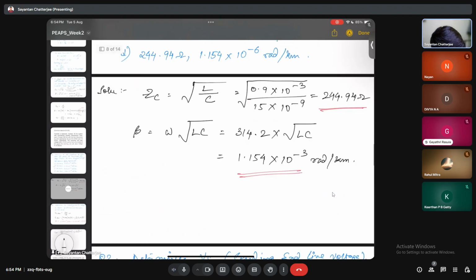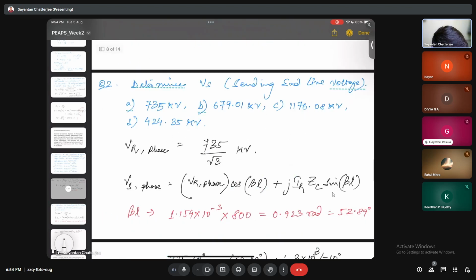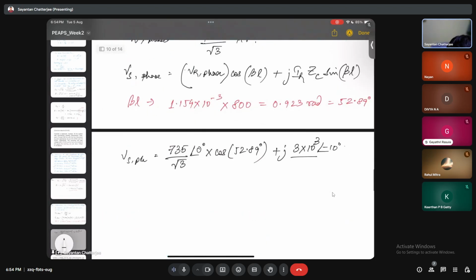So ZC we have got 244.94. ZC is 244.94. Okay, so 244.94, and sin beta L, so sin 52.89. So this is the final equation.